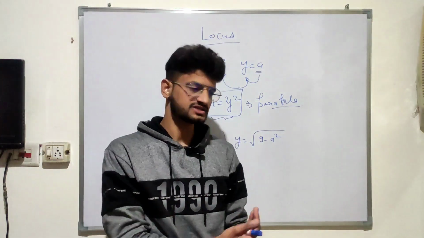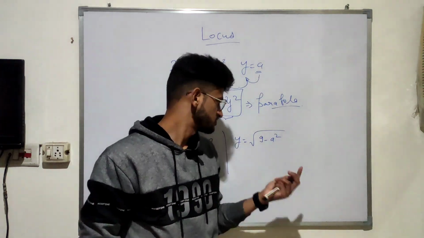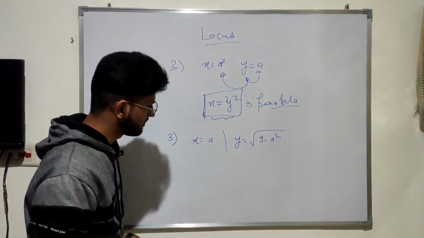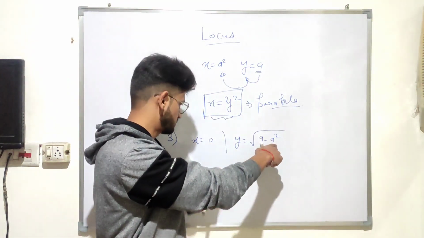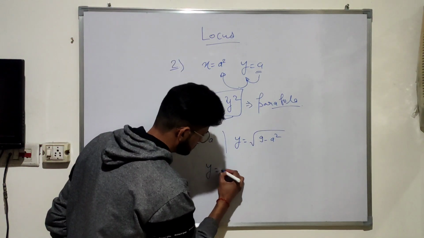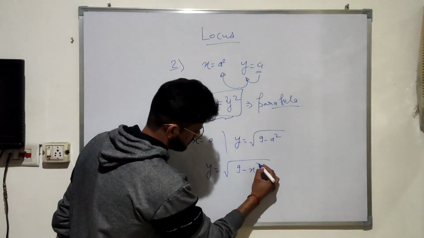So what will be the path traced by both these conditions, or what will be the equation after solving these two conditions? Let's say here we will replace a by x, because x is equal to a. So from here we can write y equals root of 9 minus x square.